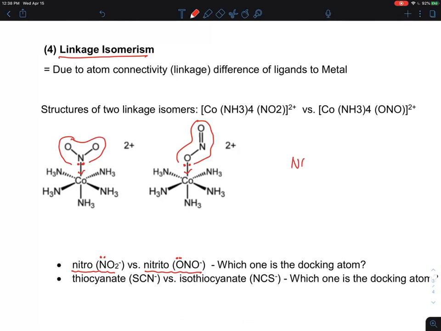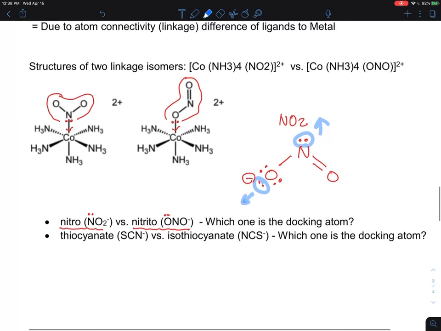So NO2, if you draw the Lewis structure, it looks like this with a resonance structure. So like I said, either these lone pairs, that's a nitro, or this one, the oxygen lone pair from the oxygen, that will be a nitrito, and that's the one.